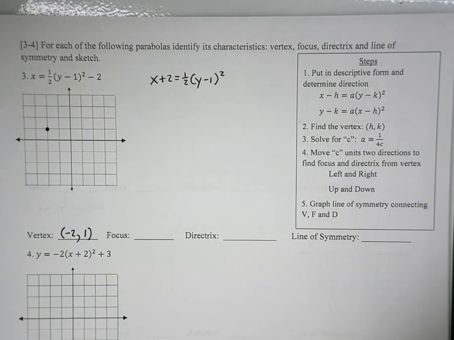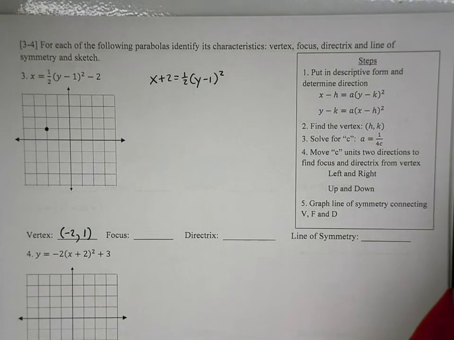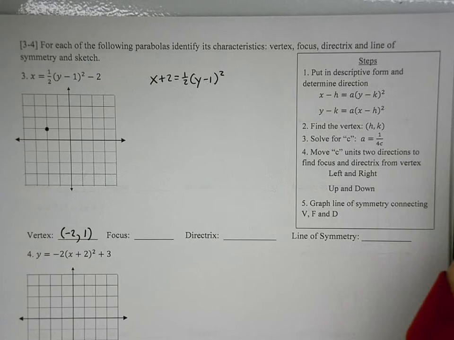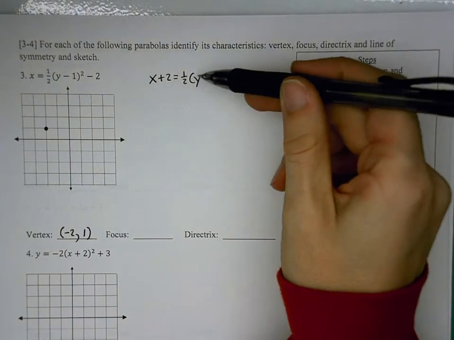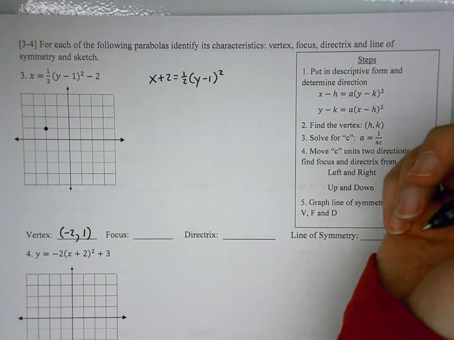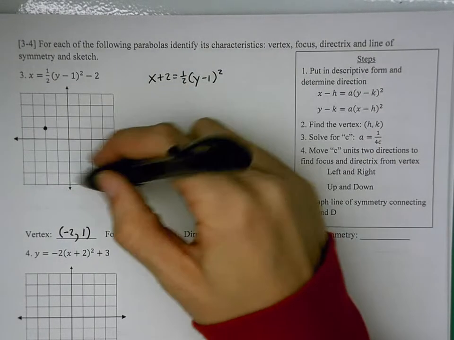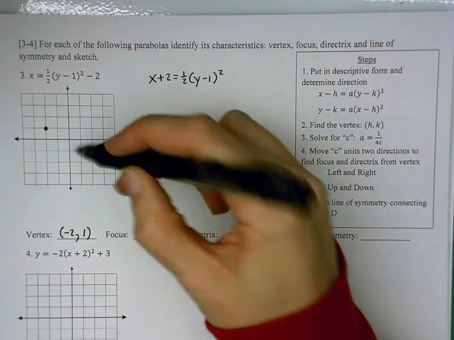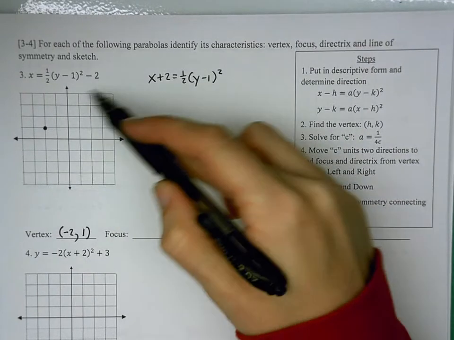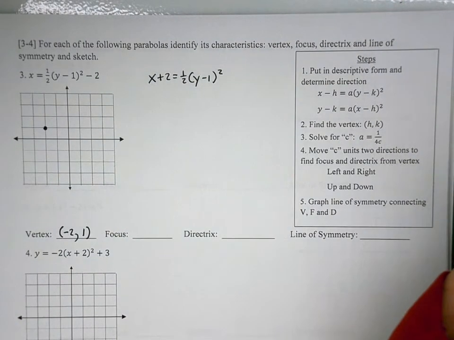It's good to always have that kind of general shape in mind. In this case, we are a y squared, so we know we're horizontal. A positive y squared, so we know we're going to the right. And so again, that could help me plug in points because I know I'm going to be facing this general direction. Okay.